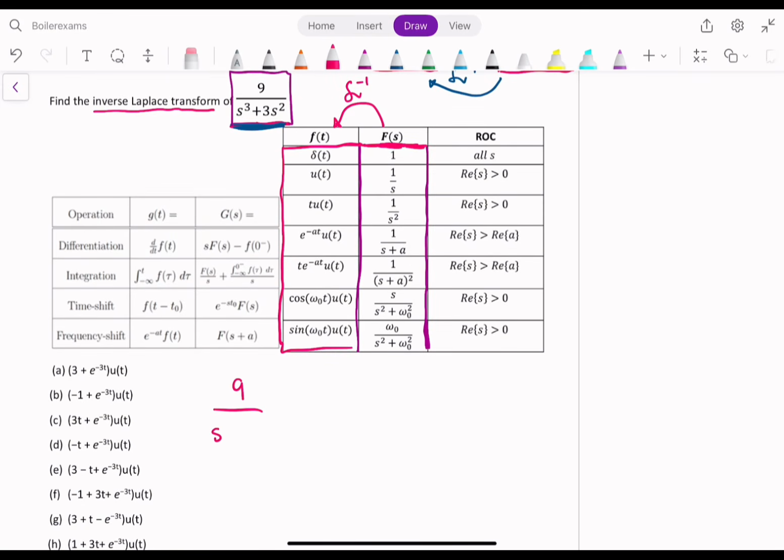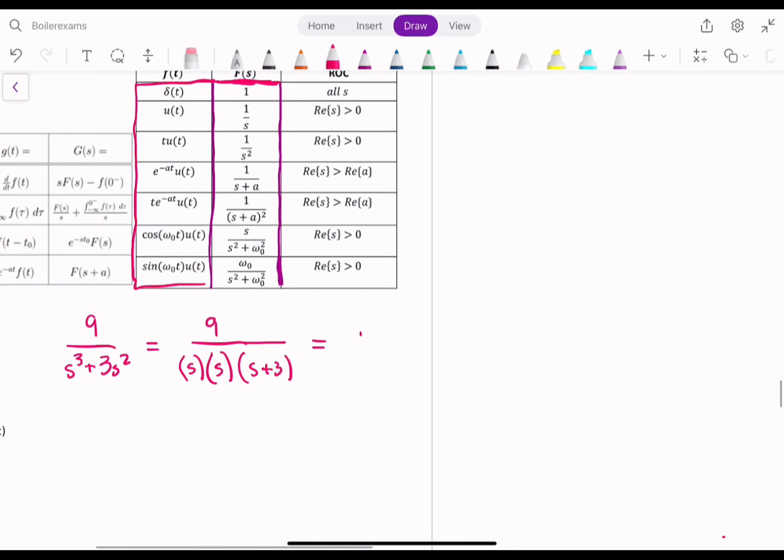So 9 over s cubed plus 3s squared. First, we need to factor this as much as possible. So I'm going to factor out that s squared from both of those terms, and we will get 9 over s squared times s plus 3. To perform partial fraction decomposition, if you have forgotten, we take the factored terms within our denominator and create 3 separate terms.